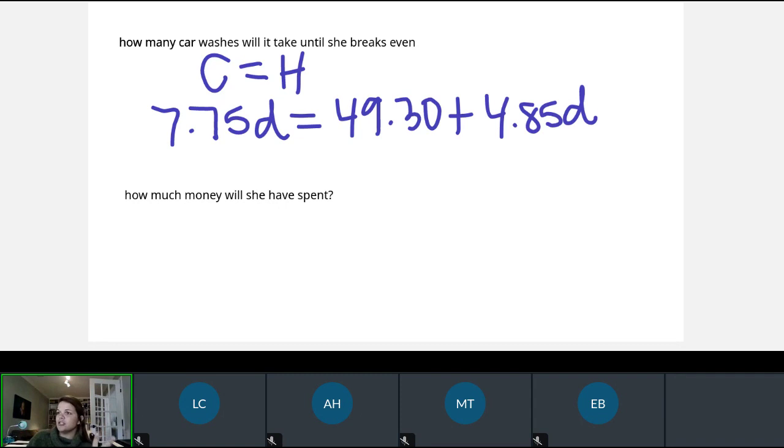Set your two equations equal to each other. We want to know, when are they equal? At how many days? We're going to solve for D or X, whatever you use as your variable. Go ahead and write out your two equations, and set them equal to each other, because we're saying that they are equal.